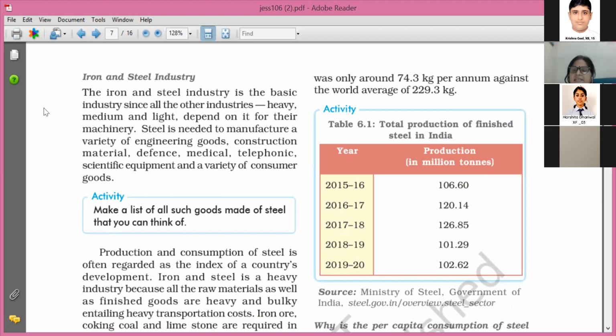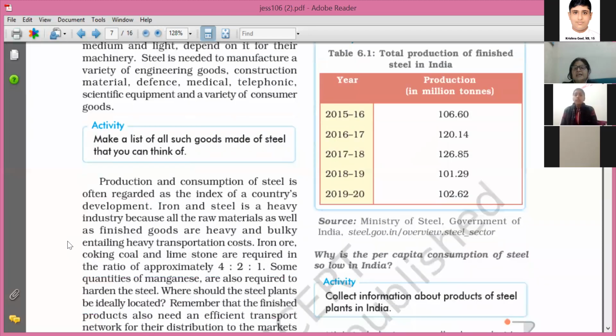In the iron and steel industry, we manufacture iron and steel. Now this steel will be used as a raw material for various other industries. So it is a basic industry. And at the same time, it is also a heavy industry, because here the raw material is heavy and the final product that we are making is also heavy.